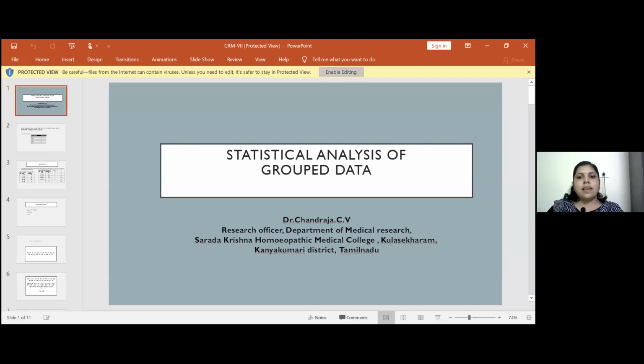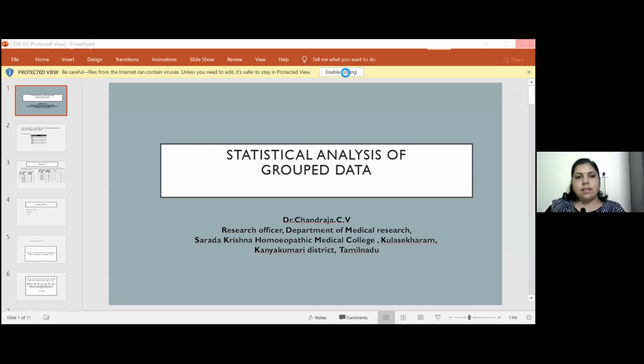Statistical analysis of grouped data. Yesterday, you converted raw data into a tabular column. I hope you all have that ready with you. First, I'm going to show you a glimpse of that table, and then we'll go to the first sum.